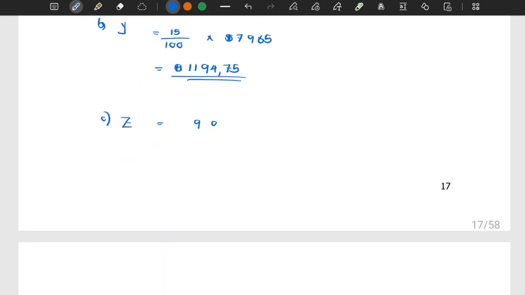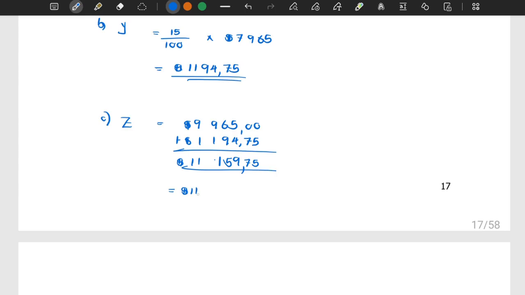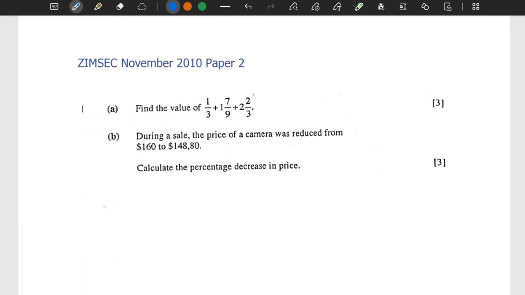So that's going to be 9,965 plus the VAT, which is 1,194.75, which is going to be 9, 5 carry 1, 11, 1, 11. So that will be $11,159.75. Great.